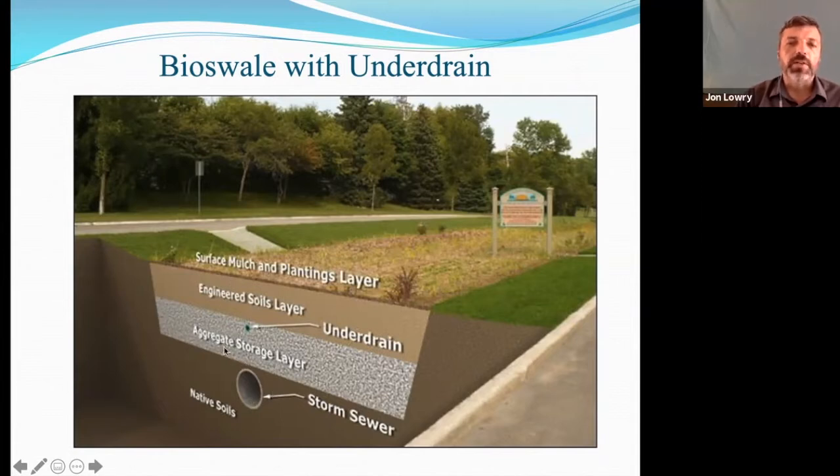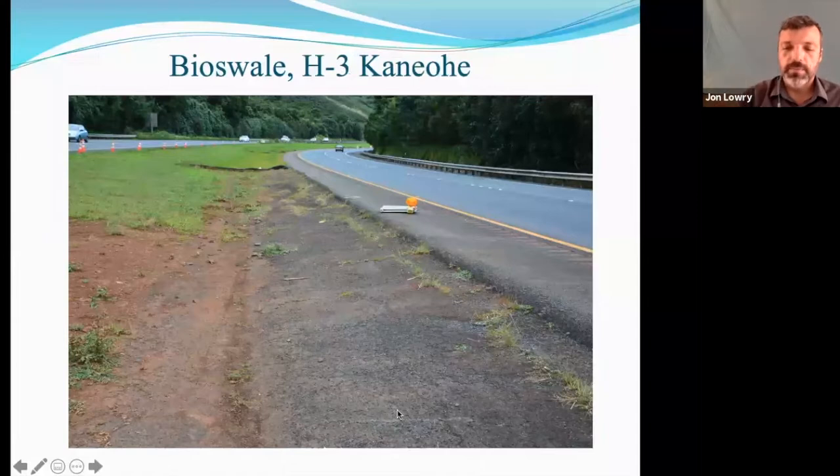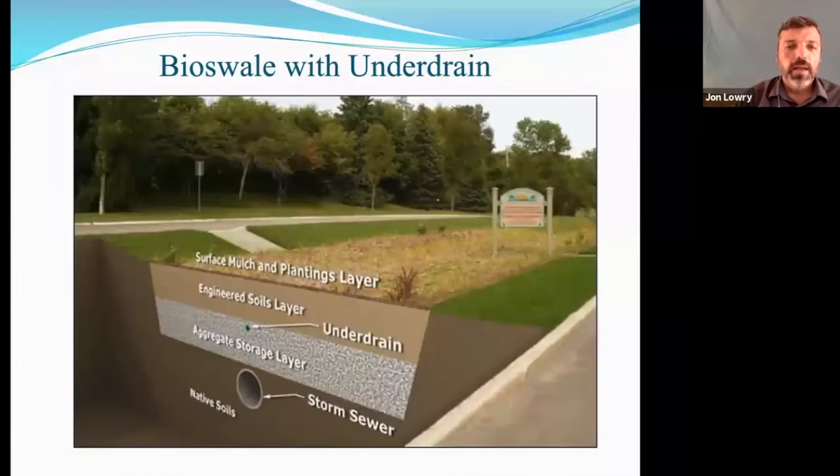So we'll have an aggregate storage layer at the bottom, so that as water filters through, there's some initial storage for when a storm first happens. And then the ideal scenario is that all that stormwater infiltrates into the ground, and that's more the natural way the hydrology would work.